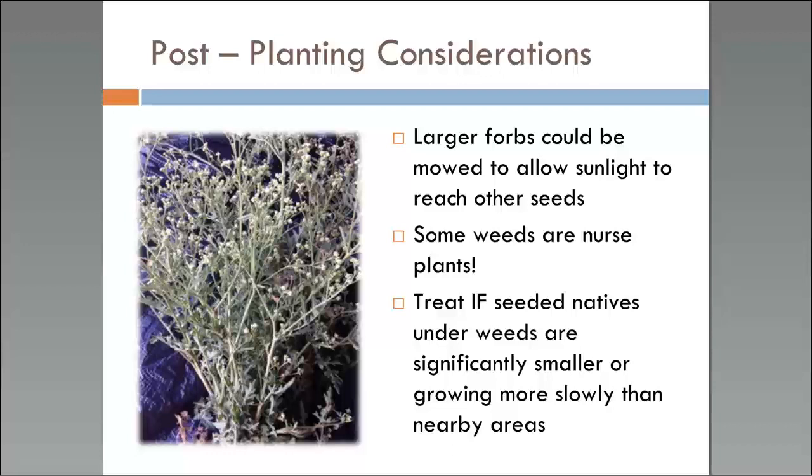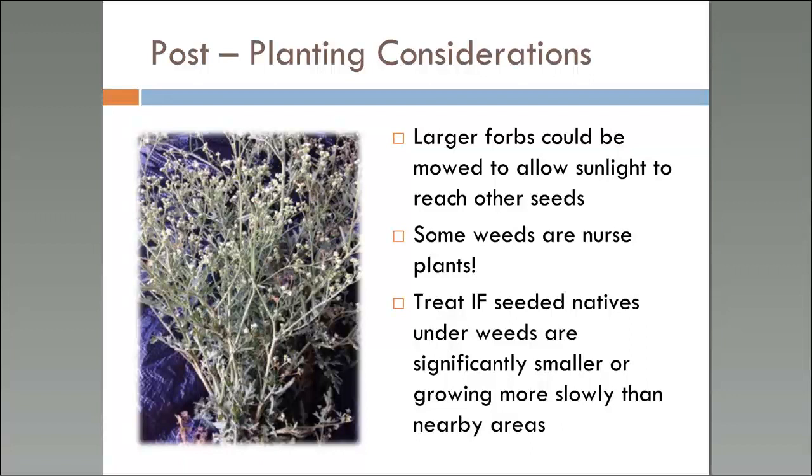Let's see. Post-planting considerations. In addition to what you could do to help maintain anything that comes up, you might consider mowing larger forbs if it's impeding the sunlight from getting to your other seeds. So if all of a sudden you had rains at the right time to really have a flush of one certain forb, you might want to consider shredding that if they're too tall.